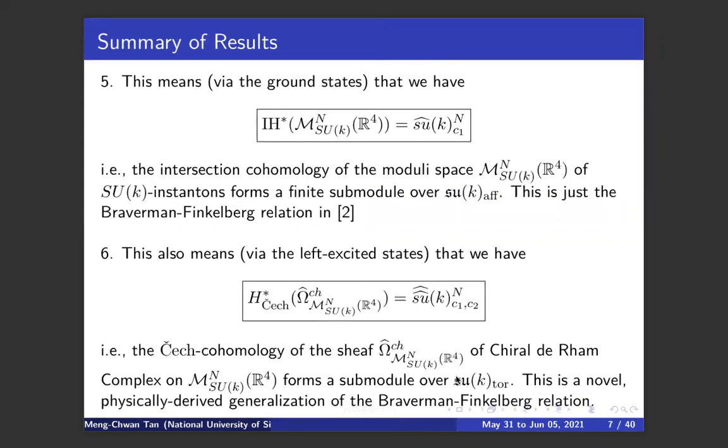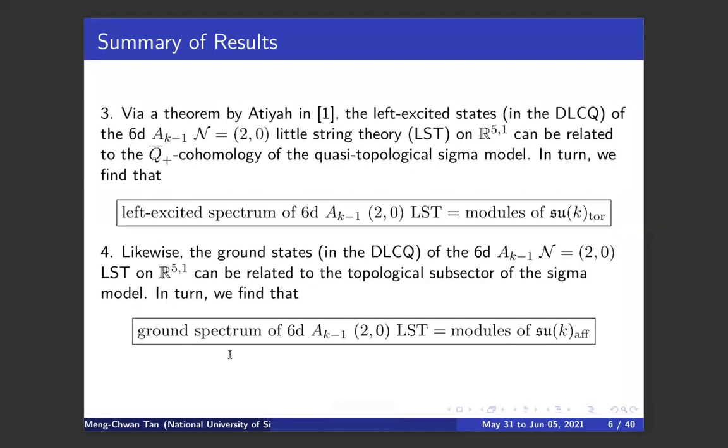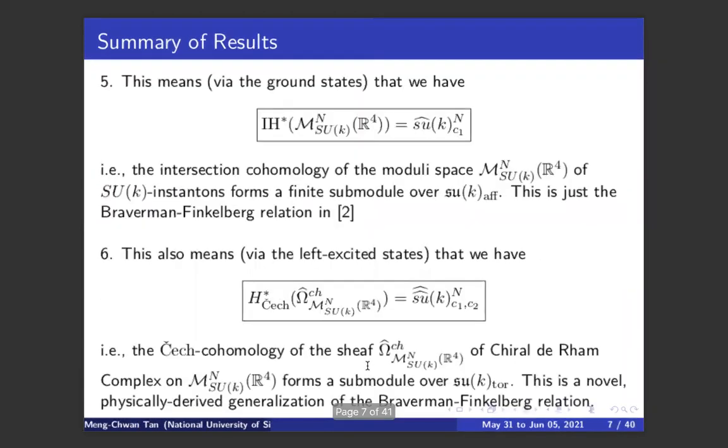So via the expression for the ground states, meaning looking at the ground states here, we would be able to come to this relation. The ground states of the little string theory are captured by this elaborate-looking thing called intersection cohomology. The reason why I wrote it in this way is that it's actually just square integrable cohomology classes on the moduli space of SUK instantons of instanton number n.